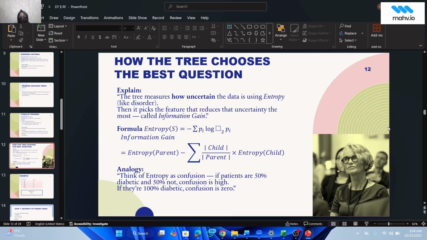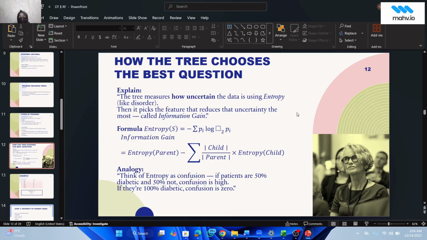So first of all, in order to find which feature is your root node, it will calculate the entropy. What is entropy? Entropy is disorder in your data, uncertainty in your data. And how to calculate it? This is the formula in front of you. And then information gain is calculated.